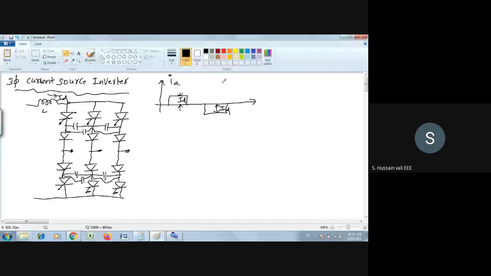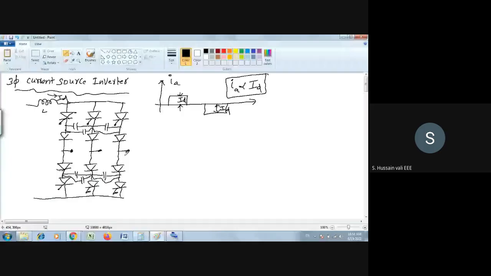At the end, what we find is that the current IA is proportional to ID.